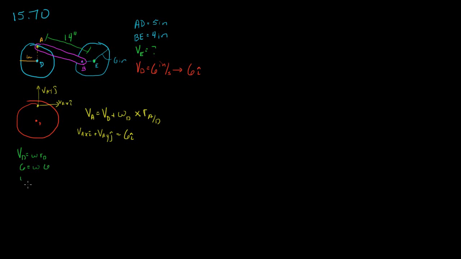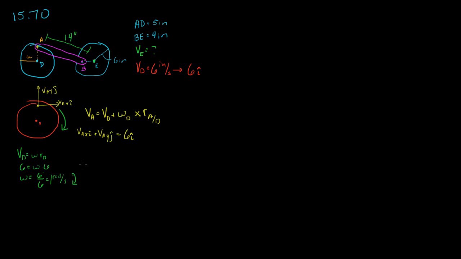So omega is equal to this 6 velocity divided by this 6 of this distance, and we get 1 radian per second. Now, we know that we're moving to the right, so in order to move to the right, our angular velocity has to be this way.